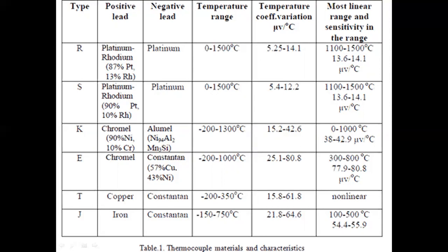The most linear range is useful because you try to operate your thermocouple in that linear range, because as we had studied earlier, it is always better to have a linear relation between input and output in your measuring devices. So this most linear range tells you that within this particular range of temperature, you don't need any extra calibration or any extra mathematical adjustment.